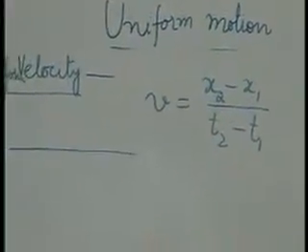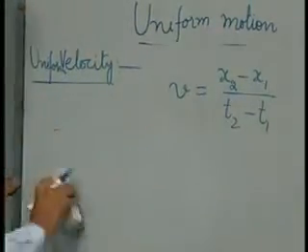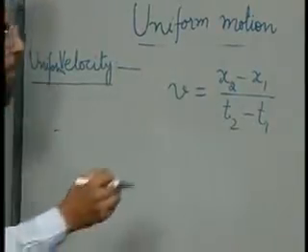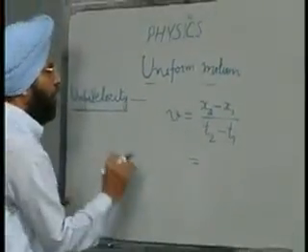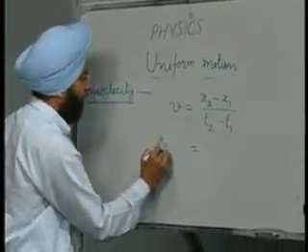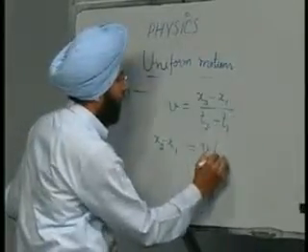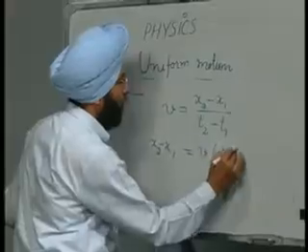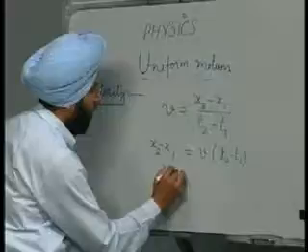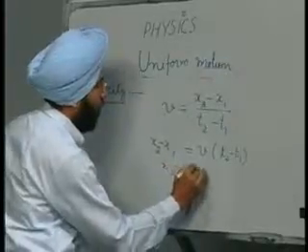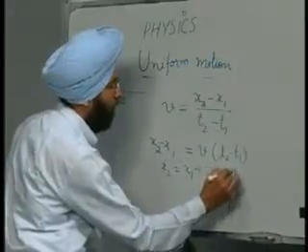Graphically, we can represent this. Now v is constant. So, we can write x 2 minus x 1 is equal to v into t 2 minus t 1, or x 2 is equal to x 1 plus v into t 2 minus t 1.